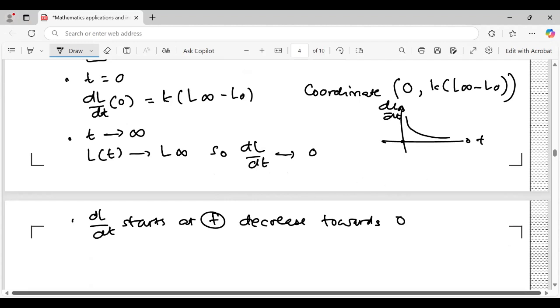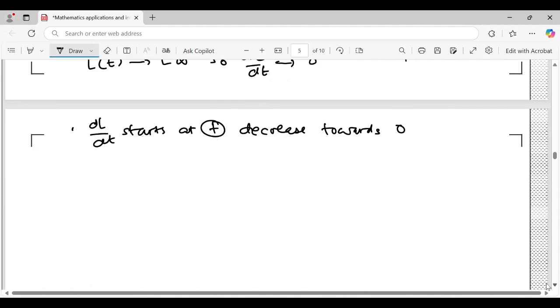So we will sketch like this. dL/dt is positive, and this is t, and it goes towards zero, which becomes an asymptote. An asymptote means it never has an intersection with the t axis.